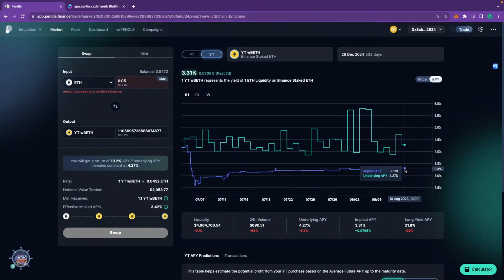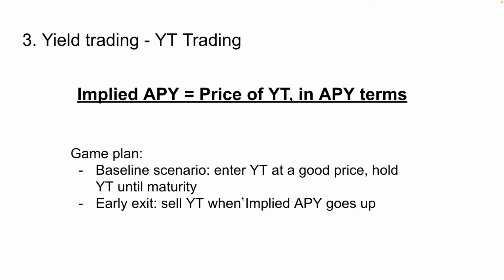And that means that my YT price will also shoot up significantly, say by 5%. I can just exit and sell the YT to get the short-term profit. That could potentially translate to very high APY overall. And actually many traders in Pendle have been doing exactly this for good returns.